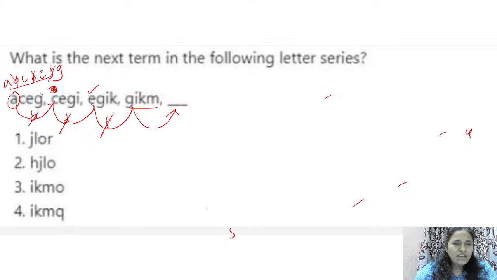We have to guess. They have to skip H and start with I. Okay, we got the I. For this answer, there is no possibility, so we can skip that answer.